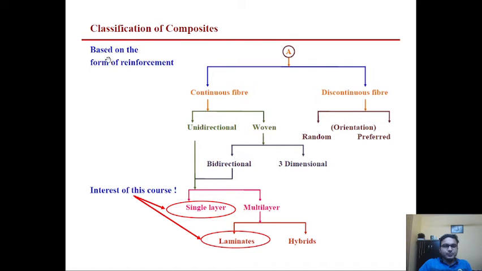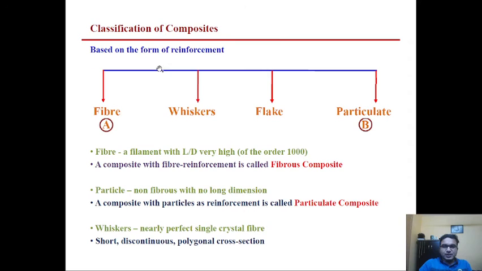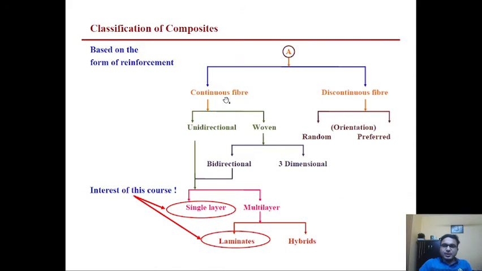Now, based on the form of reinforcement, we are at point A, that is fibrous composites, and we are now classifying them. There are two types: continuous fiber and discontinuous fiber. In continuous fiber we have unidirectional and woven. In discontinuous fiber, it is based on orientation, that is whether it is random orientation or preferred orientation.